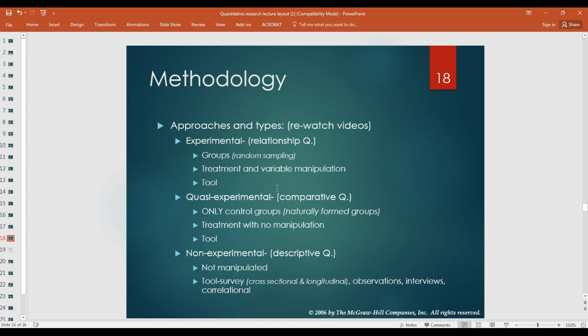Okay, so that's the first one. The second thing is that we always randomly select samples and randomly assign these samples. Now, there's a difference, and the book discusses this. There's a difference between random sampling and random assignment.